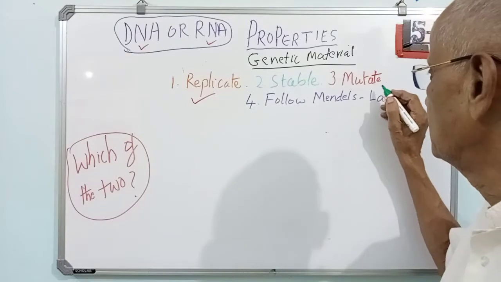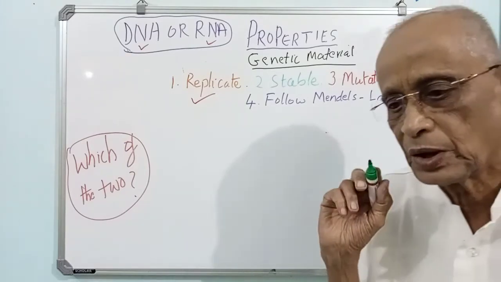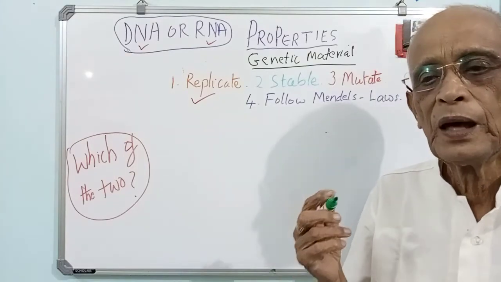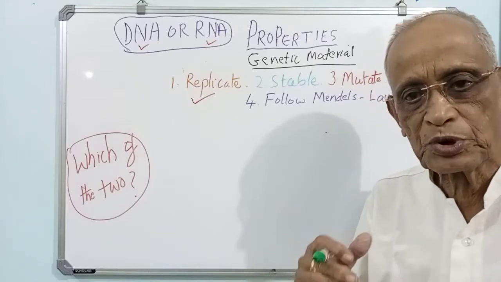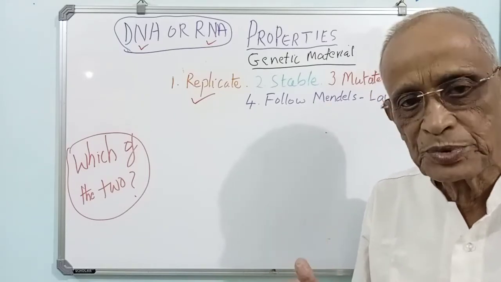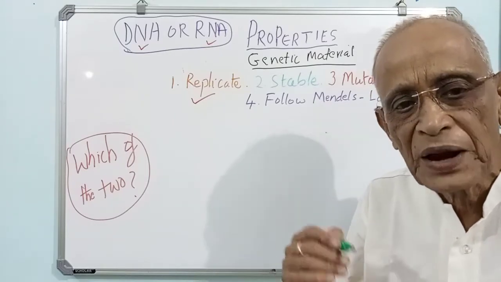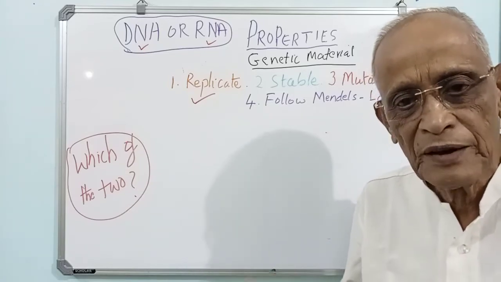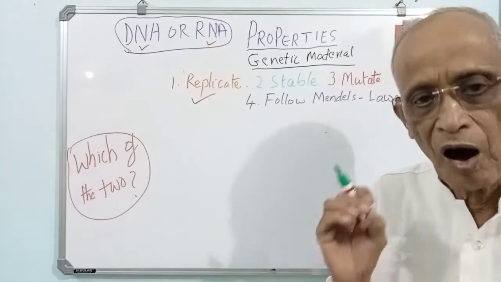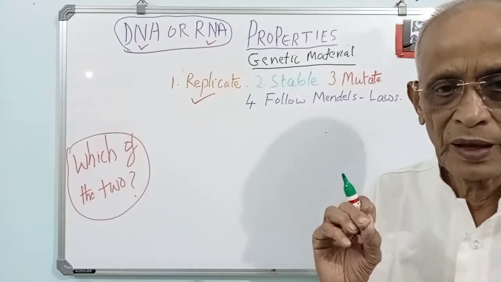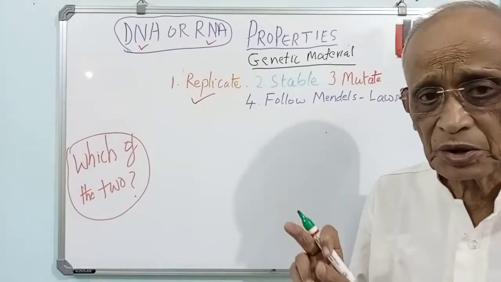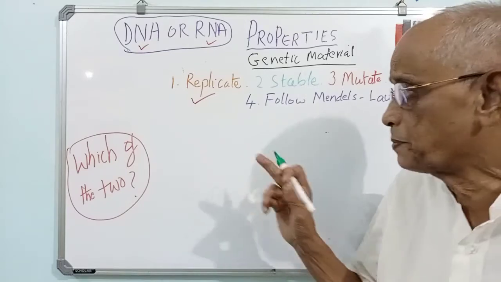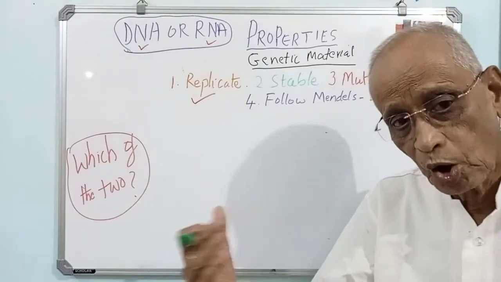The third one is mutation. As the conditions in the environment change, sometimes the material has to mutate very slowly, very gradually, for the process of organic evolution. Now, we are not talking of the mutation that is happening with present-day COVID.